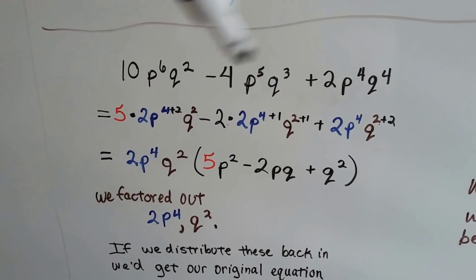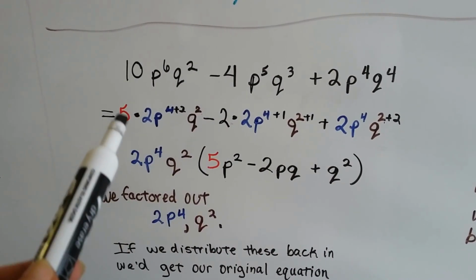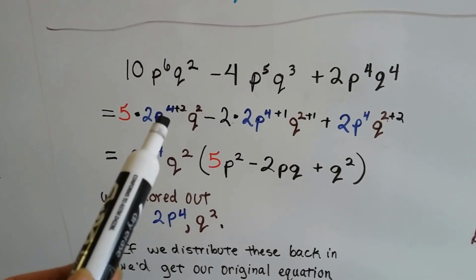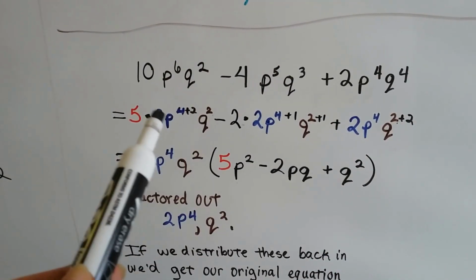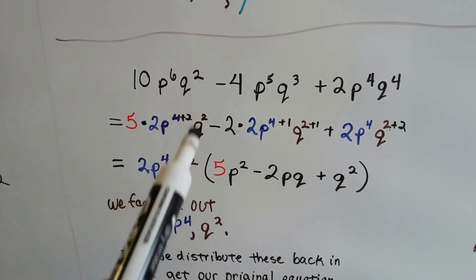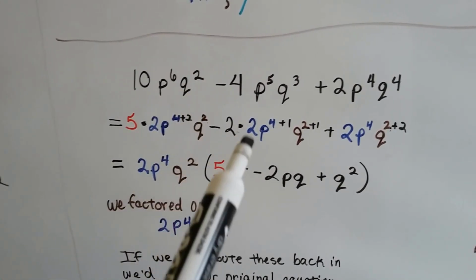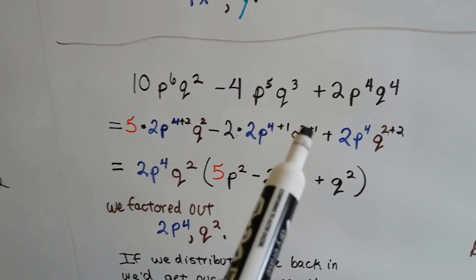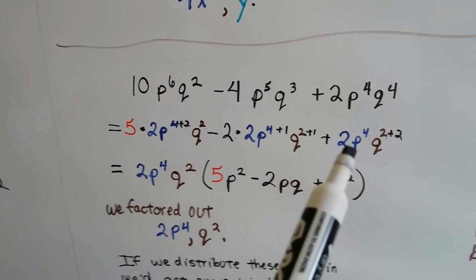So we can pull those out. That means we have 5 times 2, p to the fourth, because that's the smallest p, see? Plus 2, that would make that 6. And then q to the second power is the smallest q. Minus 2 times 2, p to the fourth plus 1 to make that 5. Q to the second plus 1 to make that 3.